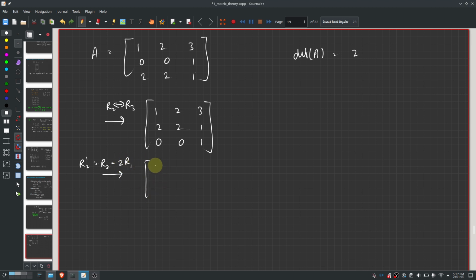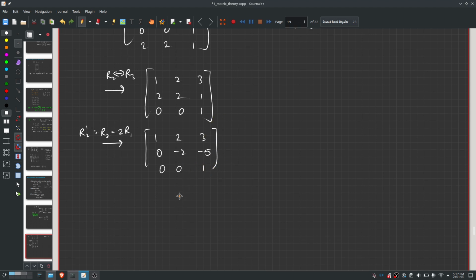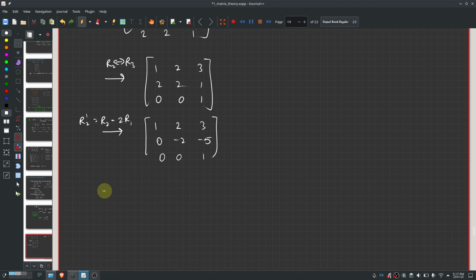What do I get? 0, minus 2, minus 5, 0, 0, 1. Now let me say that I scale the second row.